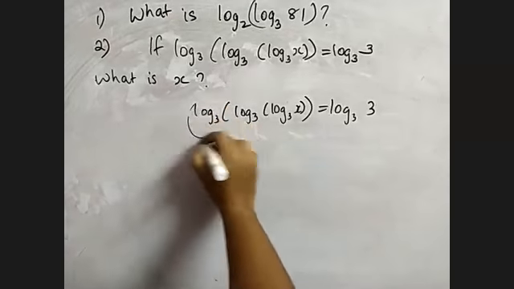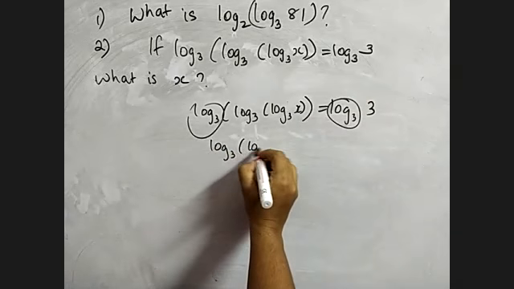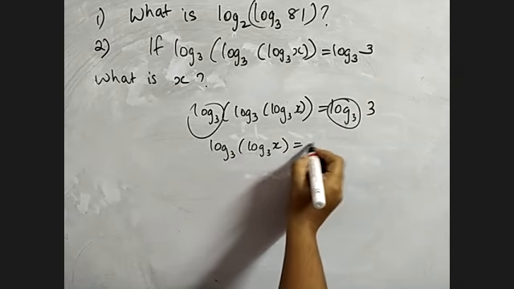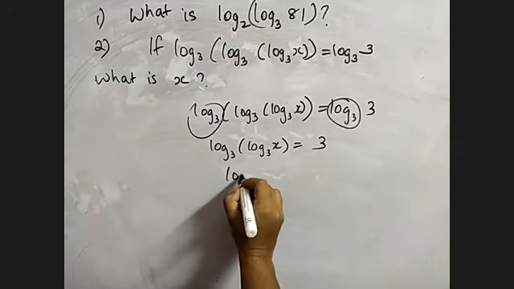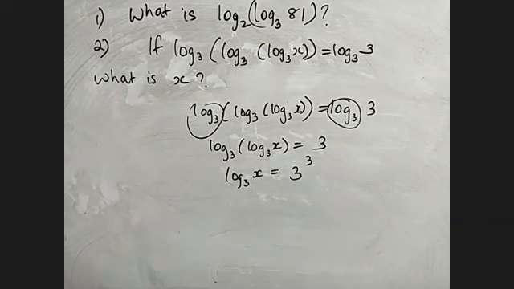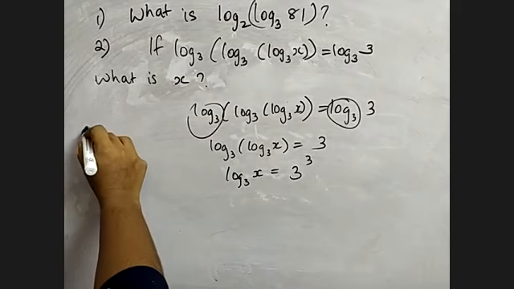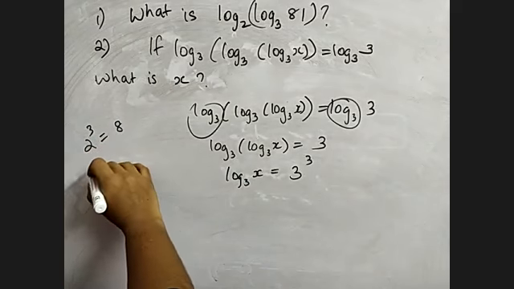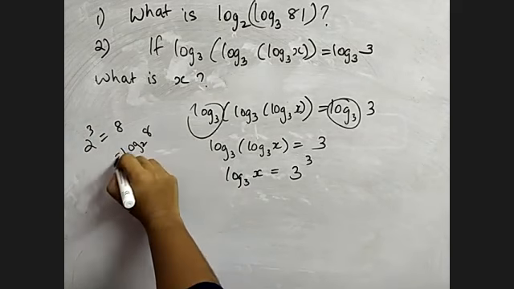So I'm removing this log from both sides. So I'll have log to the base 3, log to the base 3 x is equal to 3. So I'm taking this to this side, means log to the base 3 x is equal to 3 raised to 3. Why? This is the base now. I told you, if 2 raised to 3 is equal to 8, how can we write it? As log to the base 2, 8 is equal to 3.